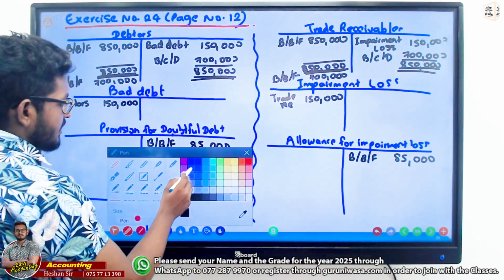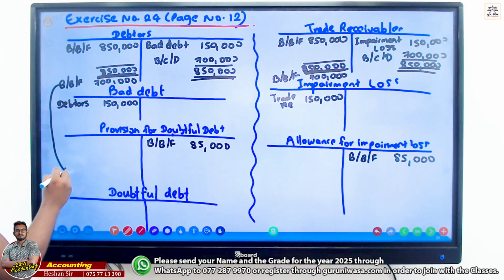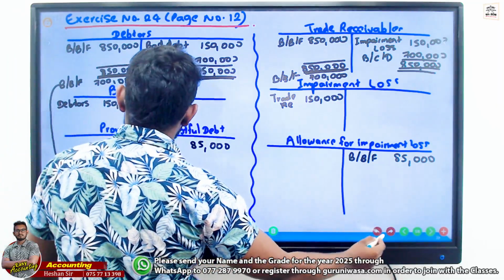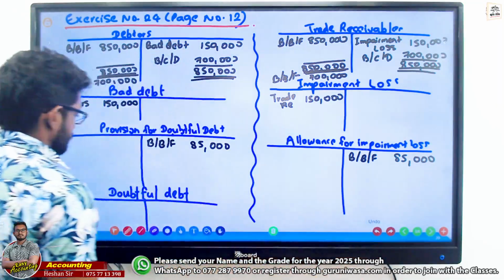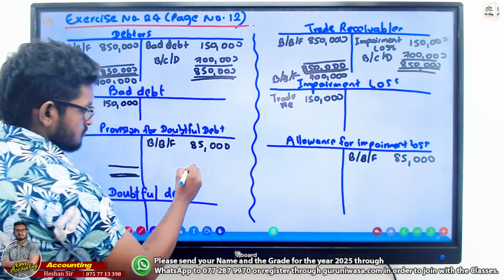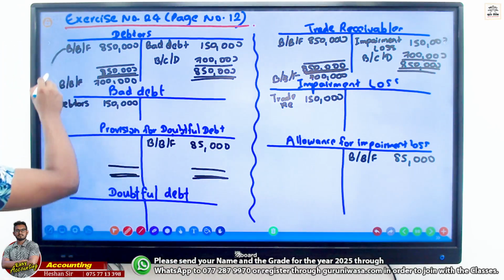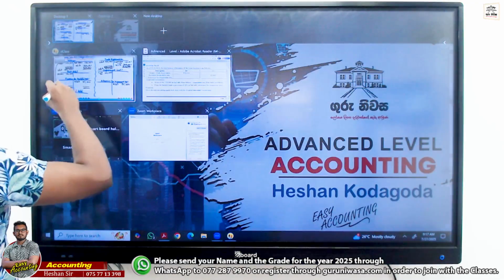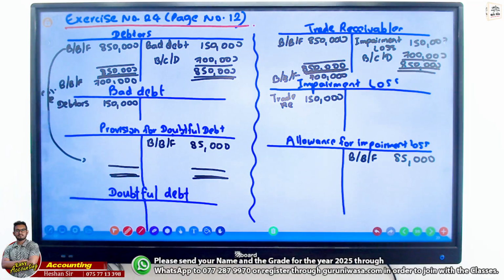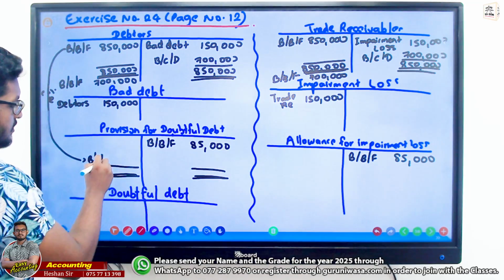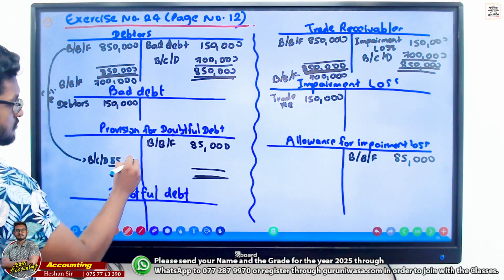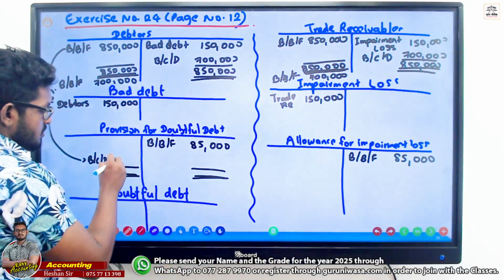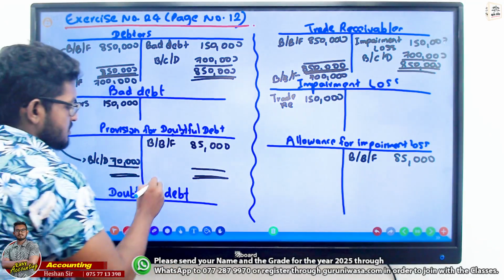From the balance made 10%, so 10% means how much? 10% means balance carry down 85,000 or 70,000? 70,000. 700,000 into 10% means 70,000.